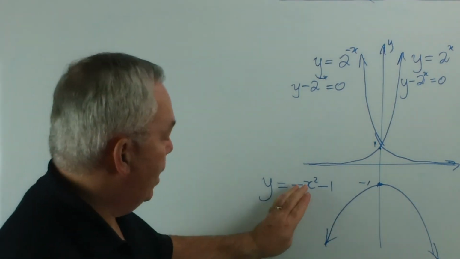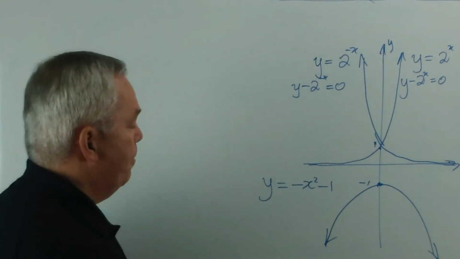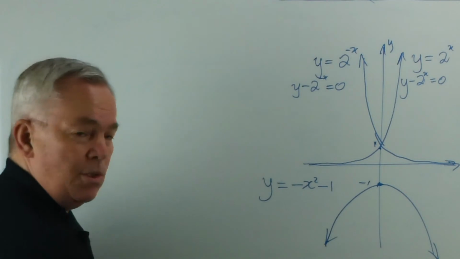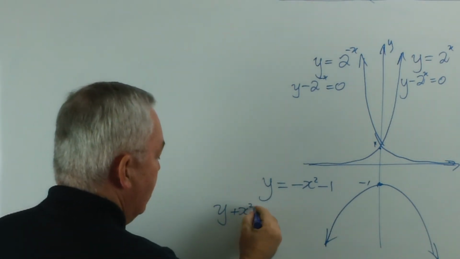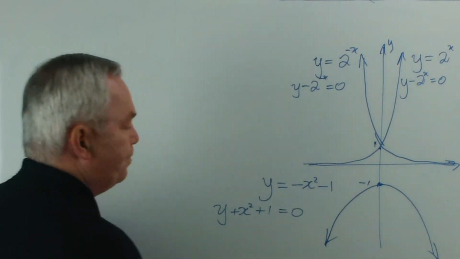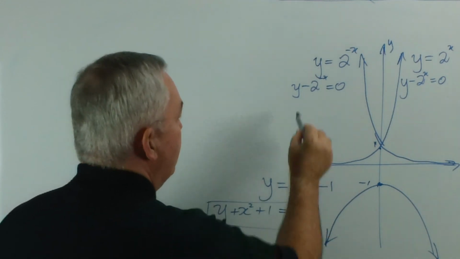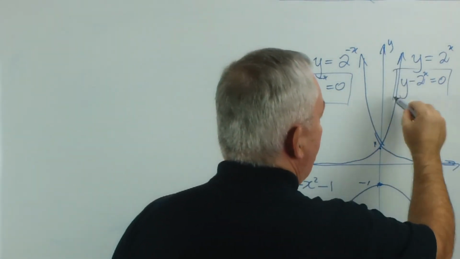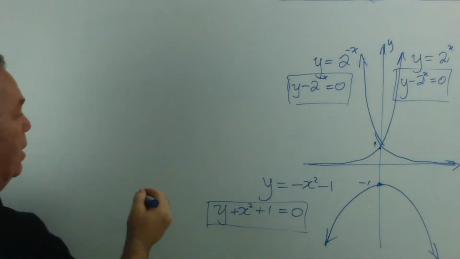That in fact, when x is 0, y is minus 1, is the y-intercept. Now again, if we want to change this so it equals 0, we get y plus x squared plus 1 equals 0. And these three forms of the equation are the ones that we want to use in our complete equation.